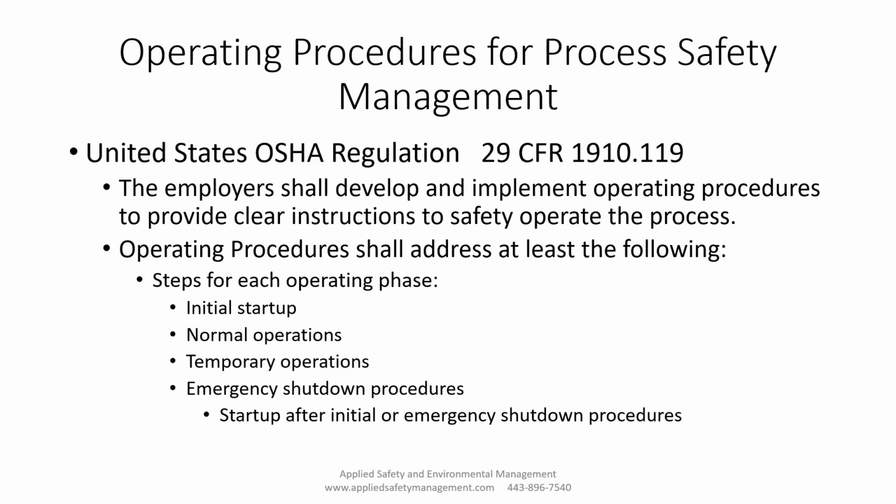So, process safety management, found in the U.S. OSHA codes, 29 CFR 1910.119. And in this one, we're going to sit down and talk about operating procedures. Some of it is just a laundry list of what goes into these operating procedures.